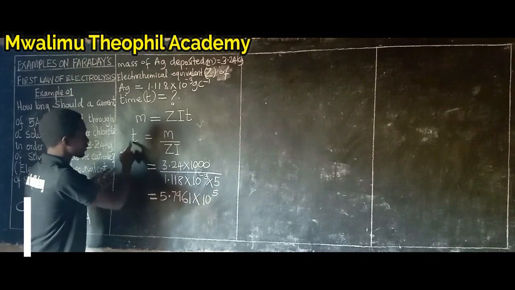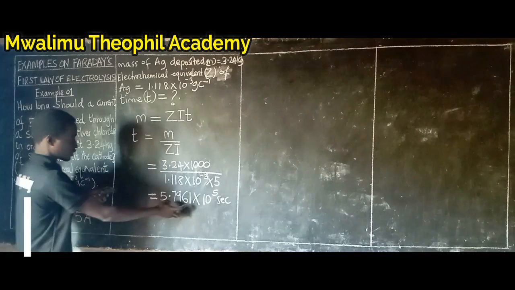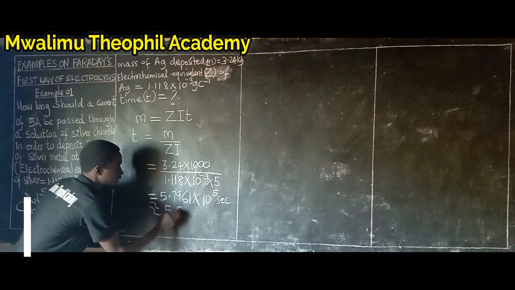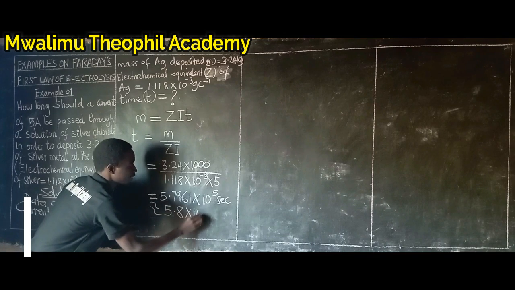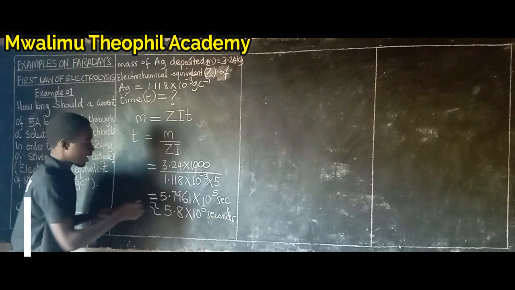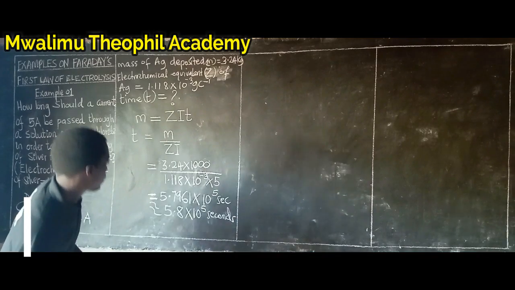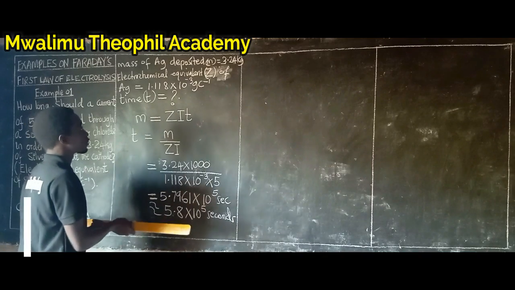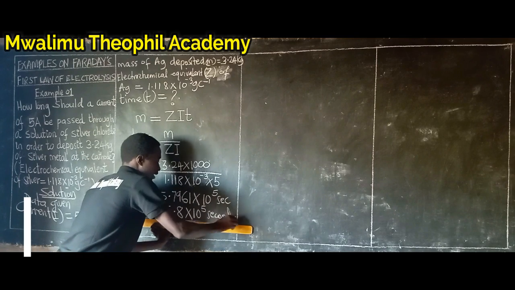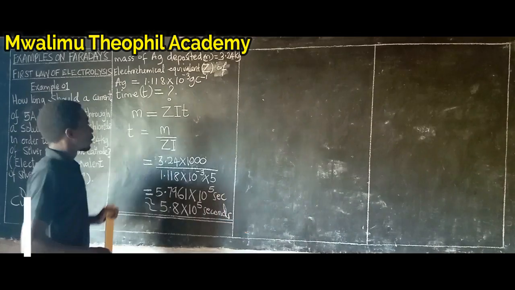You have to remember this is time, so it is in second. So this is the answer. When we approximate it, we get almost 5.8 times 10 raised to 5 seconds. Now, it will take 5.8 times 10 raised to 5 seconds for the mass of 3.24 kg of silver to be deposited at the cathode. This is the required time.